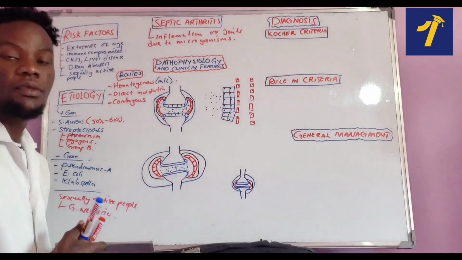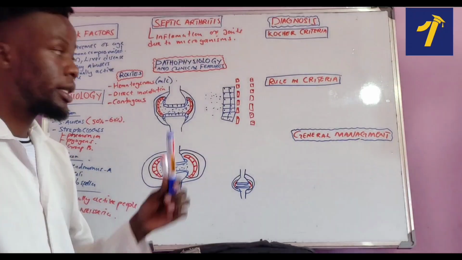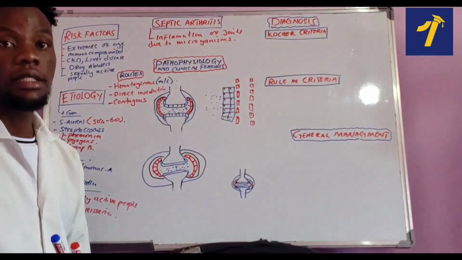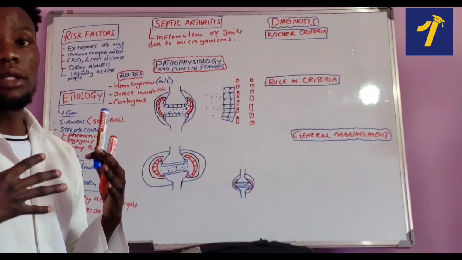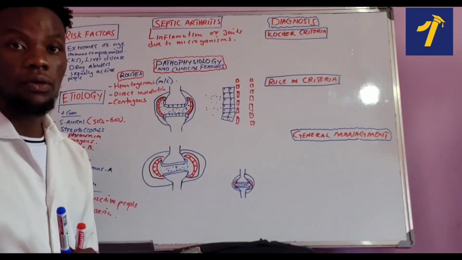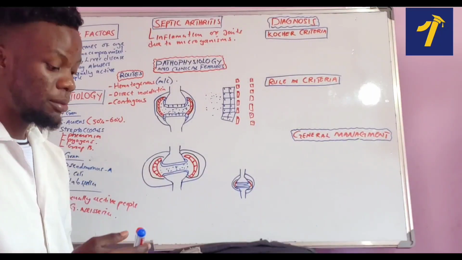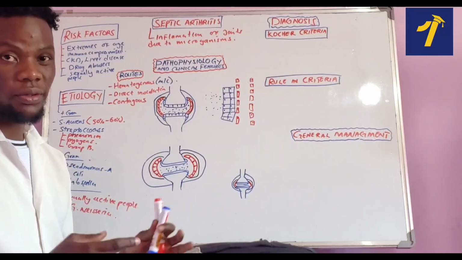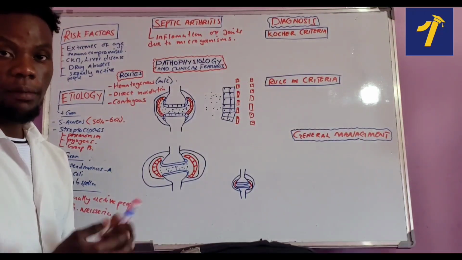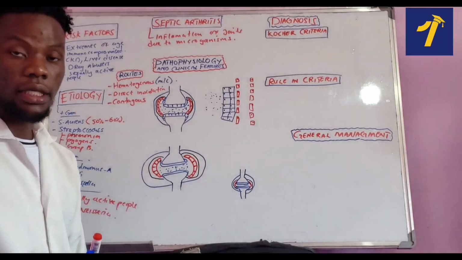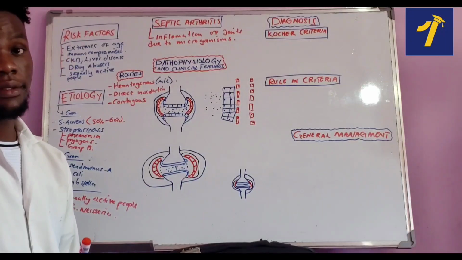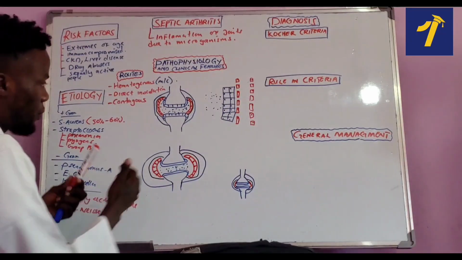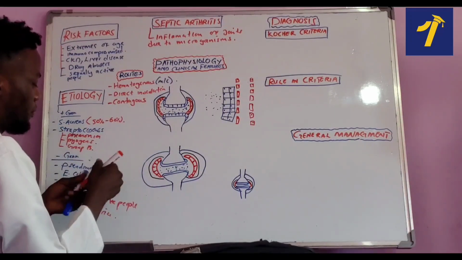We've got different types of joint in our body, but the one that we're using is the synovial joint, the type of joint that contains synovial fluid, because it is commonly affected in septic arthritis. All right, so we'll start from outside going inside.